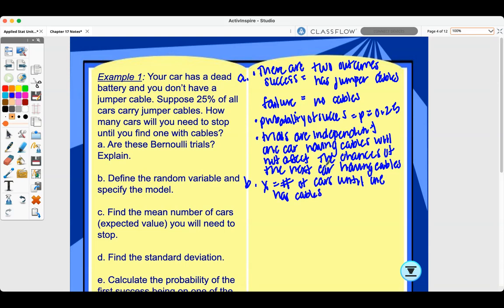And this is geometric because it could go on forever. C, find the mean number of cars, the expected value you will need to stop. So my expected value of X would be 1 over P, which would be 1 over 0.25, which equals 4 cars.